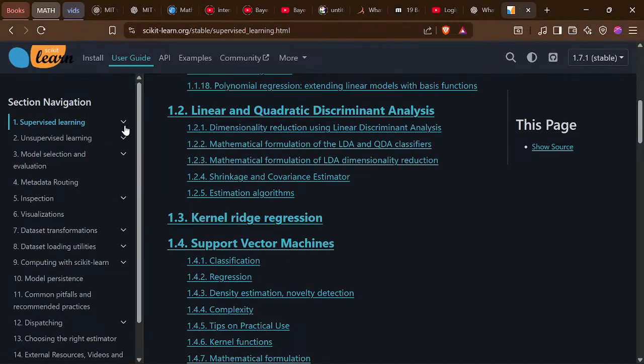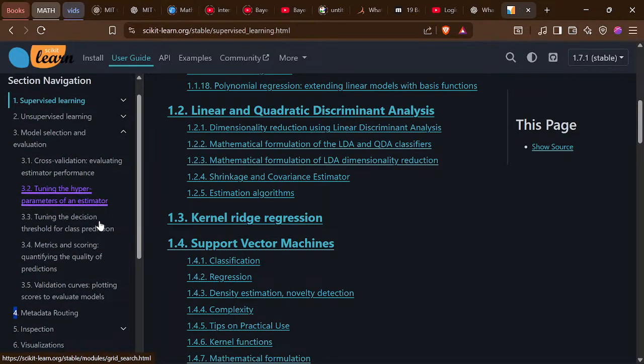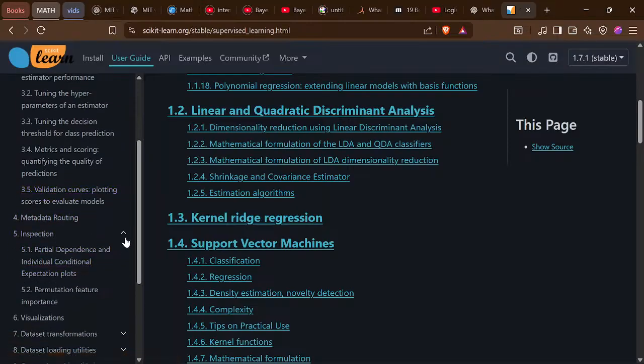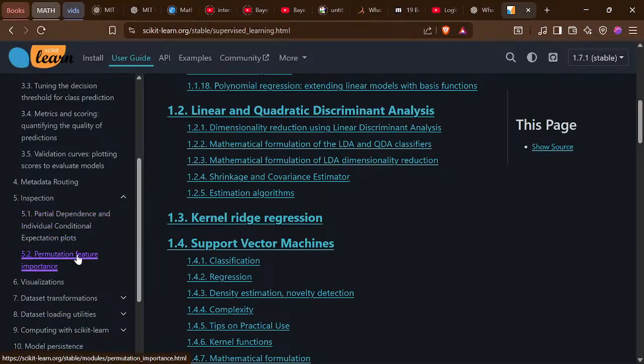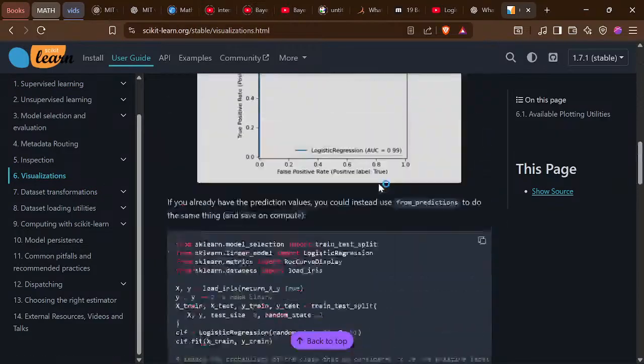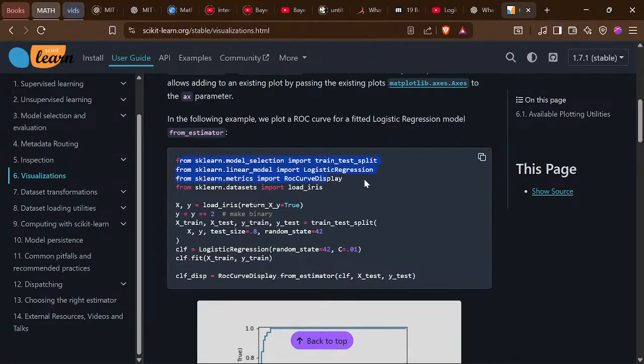Supervised learning, unsupervised learning, model selection, cross-validation evaluation, tuning the hyperparameters of an estimator, tuning the decision threshold for class prediction, metrics and scoring, validating curves, plotting the scores and evaluating models, meta routing, inspection, permutation features, visualization. It's visualization. That's okay. Let's take train.